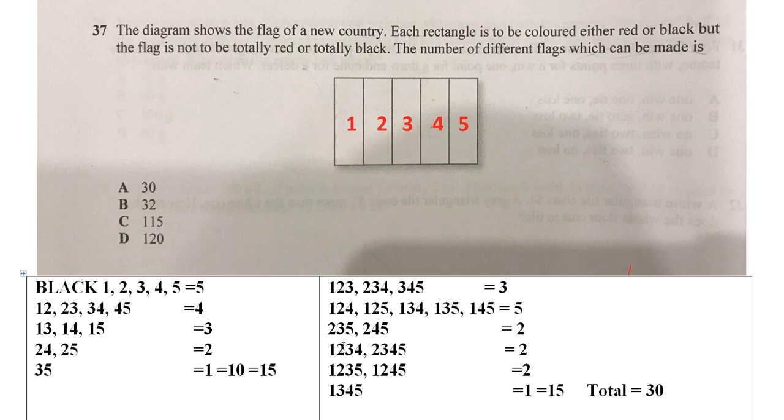So these ones, if we had done red instead of black, would have been over here. 1 red would have been 2, 3, 4, 5 black. So it makes sense that it's symmetrical. So in total, the answer should be 30. Now, it's quite a difficult question, I think. The quickest way to do it would be to make a list like this that I've done.